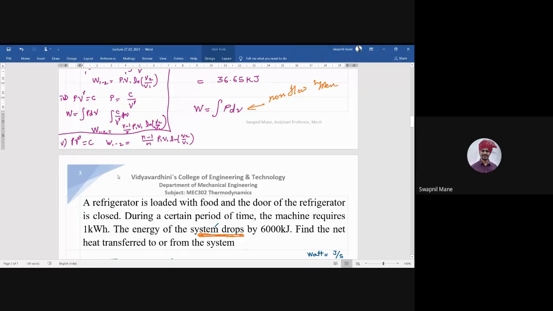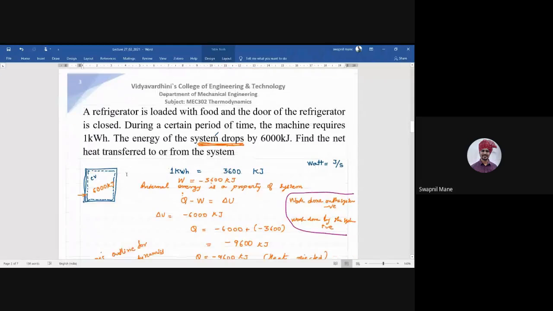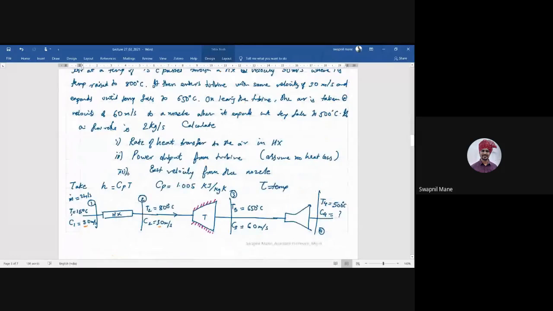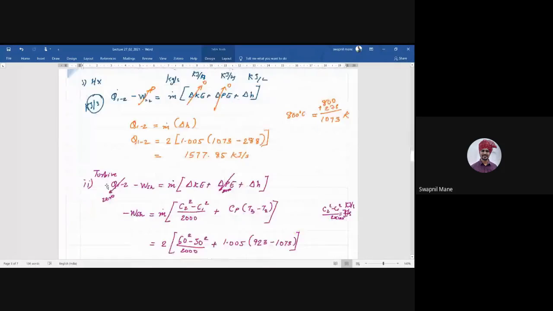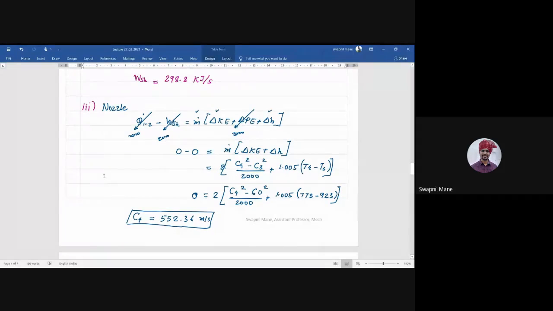Okay, so we have solved numericals based on the first law of thermodynamics applied to open system, closed system, non-flow system, and also flow system, as steady flow energy equation applied to heat exchanger, nozzle, turbine, compressor, and throttling device. This ends our first module. Any doubt till now? And this is how you have to summarize your first module.